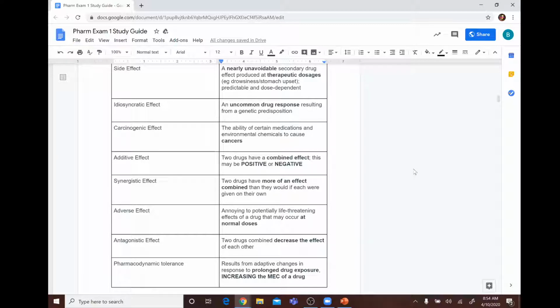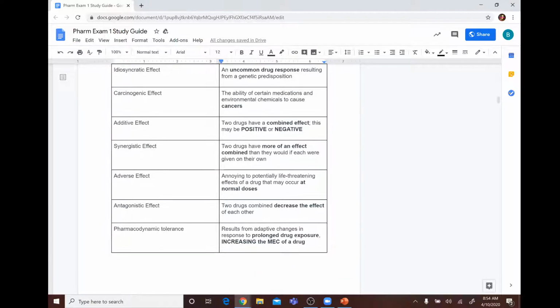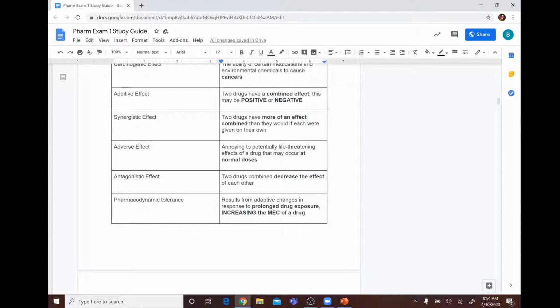What is a carcinogenic effect? It can cause cancer. What is an additive effect? Two drugs have a combined effect. This may be positive or negative. What is a synergistic effect? Two drugs have more of an effect combined than they would if each were given on their own.